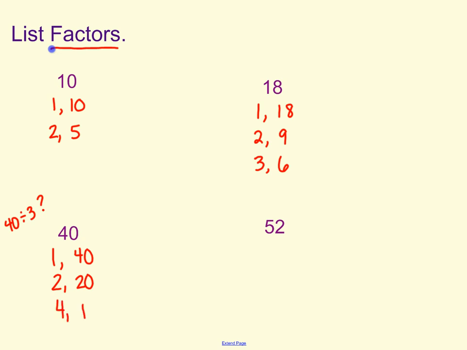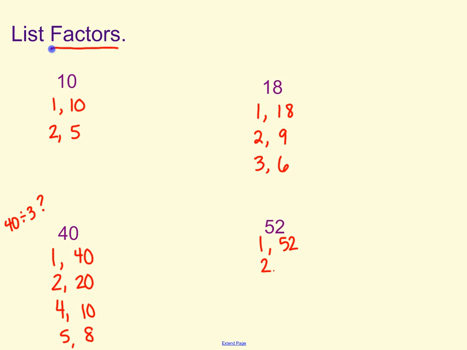How many times? 4 times 10 gives 40. 5 fits into any number that ends in a 0 or 5. 5 times 8 gives us 40. 6 does not fit in, 7 does not, 8 does, which we already have written down, so those are our factors of 40.